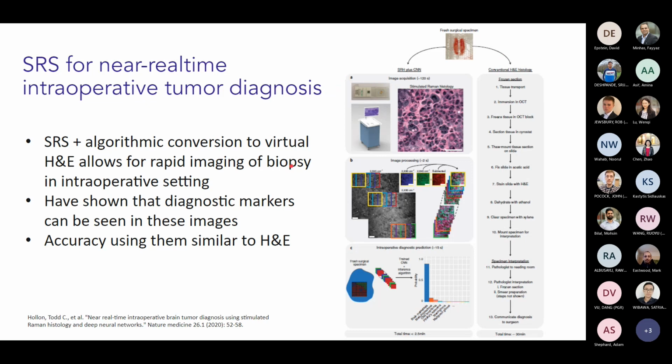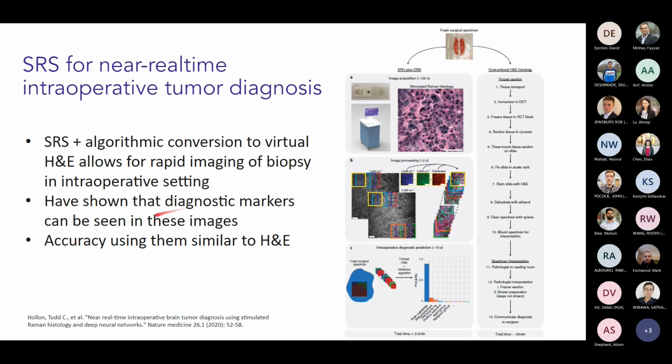So what they've done in this paper is made a pipeline whereby this tissue specimen is imaged using this stimulated Raman histology and virtually stained, and then put through a CNN to give a diagnostic indication of what that is.